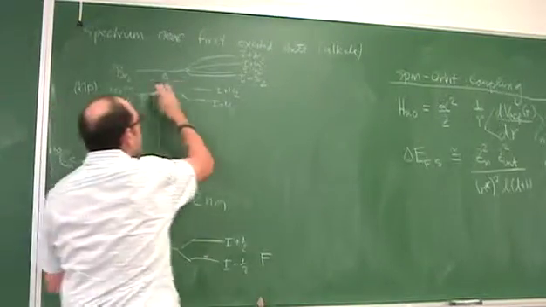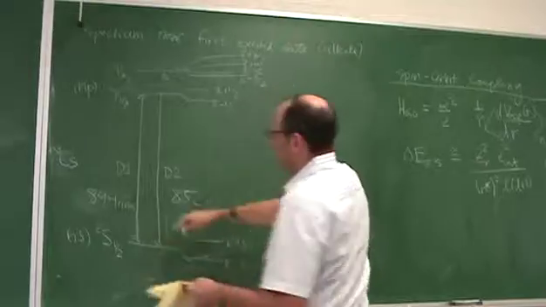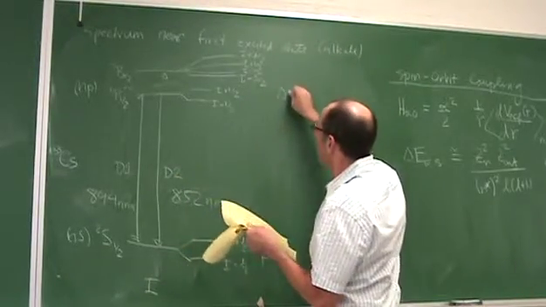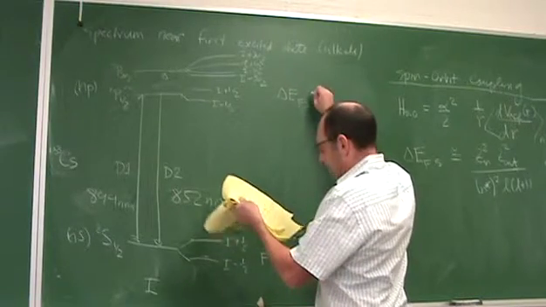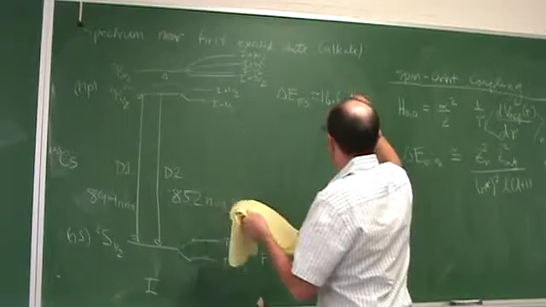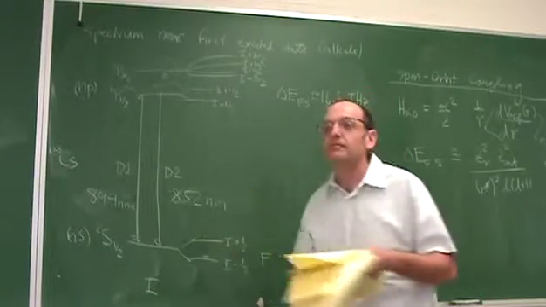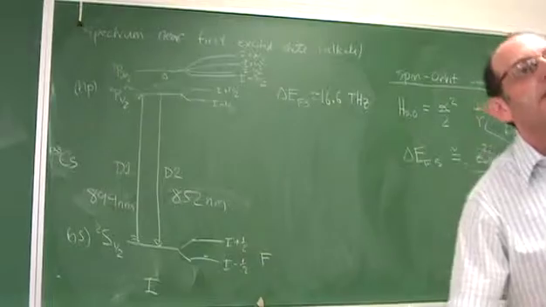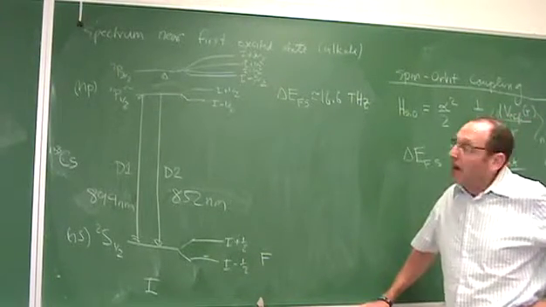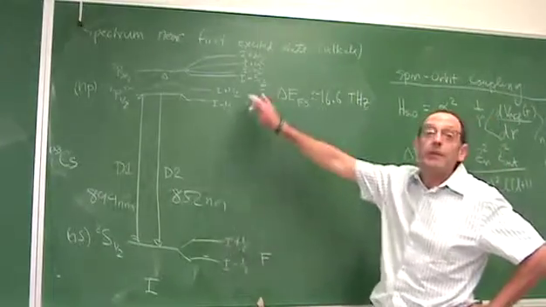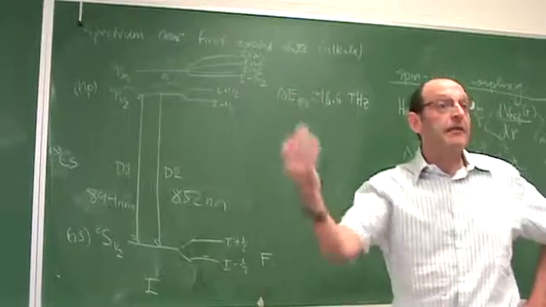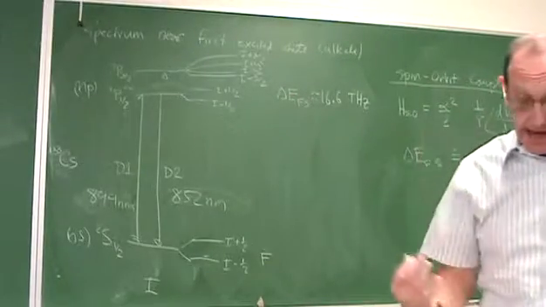This splitting in this case is much bigger. You can see it's many nanometers, and in terms of frequency, the fine structure splitting is about 16.6 terahertz. So it's huge. Moreover, the hyperfine structure is also bigger because that depends on the speeds of the electrons, since it's a magnetic effect.